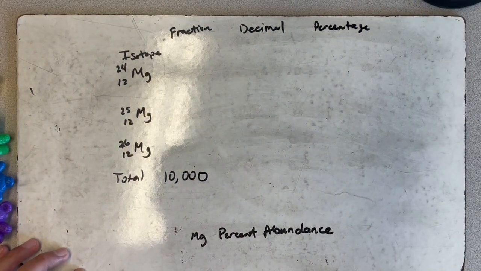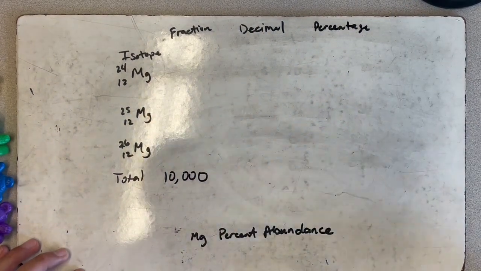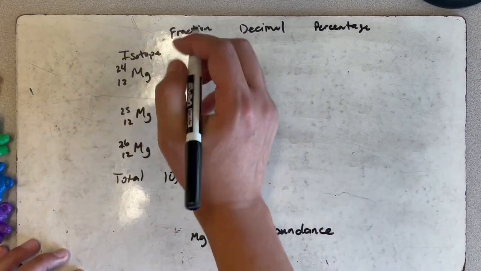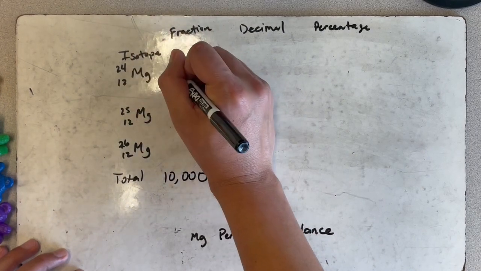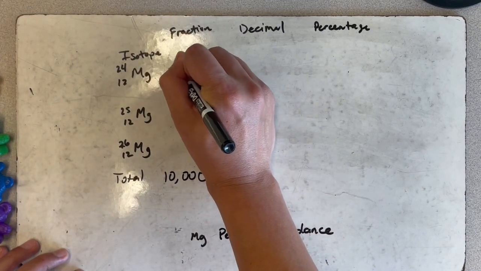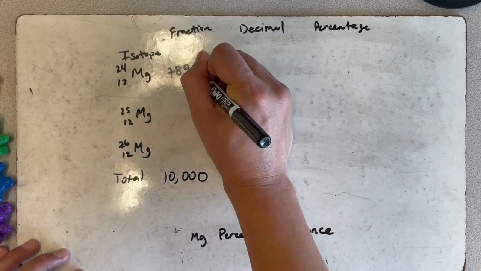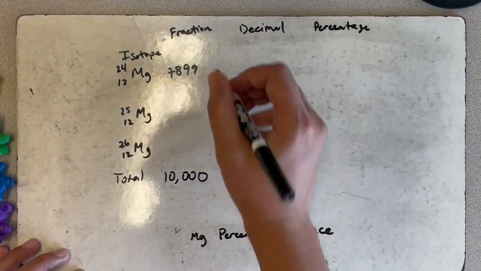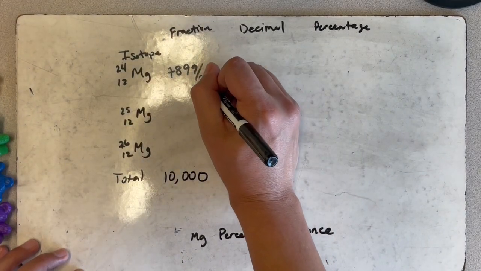All right, so my fraction, when the mass spec does its thing and sorts them by mass and then counts them, here's what it comes up with. For magnesium, it comes up with magnesium 24 having 7,899 atoms or isotopes of that kind, and this is out of 10,000.